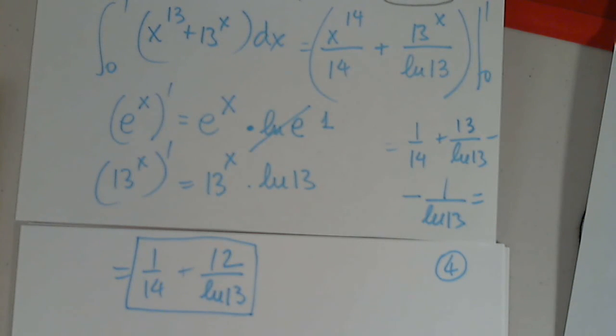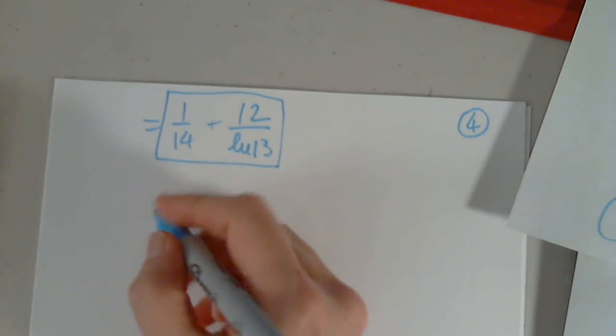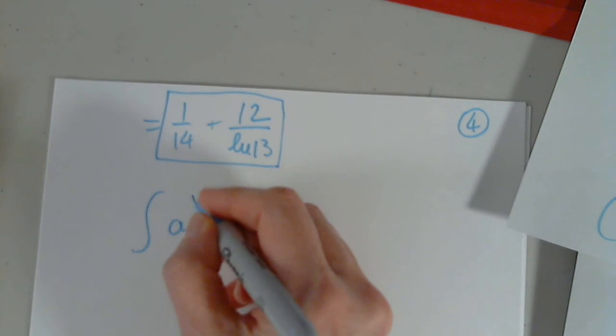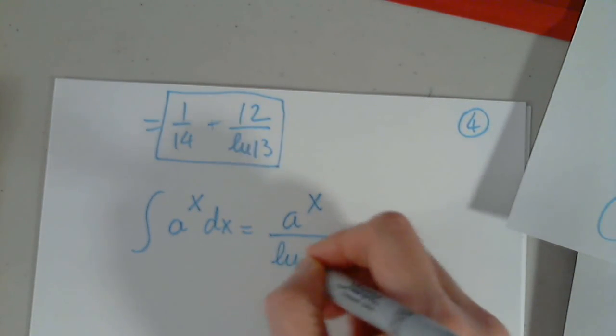Yes. So the antiderivative of a constant raised to x. So if you want to integrate a constant raised to x dx, you get a to the x divided by natural log a plus a constant c.